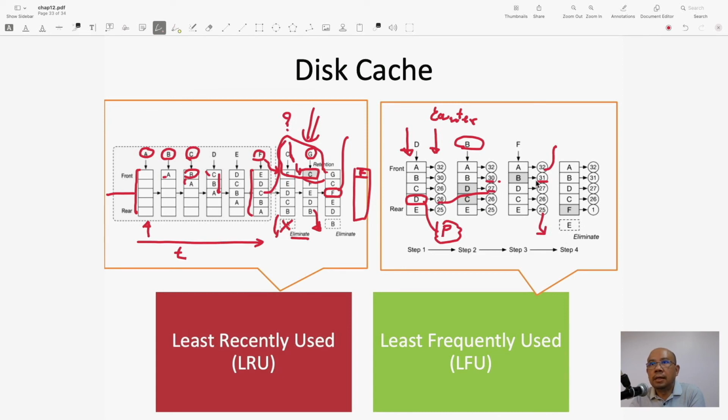So when new data F comes, E will be eliminated because E is used with low frequency, and A is used with very high frequency. You can use this technique to implement an algorithm for keeping a list of data in a small memory. You can use either least recently used or least frequently used.